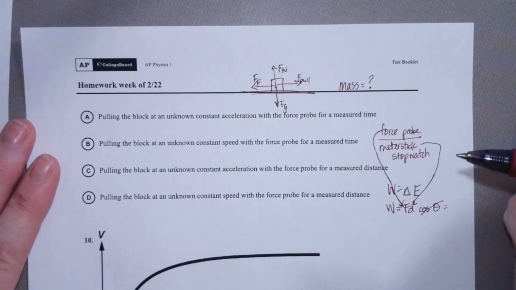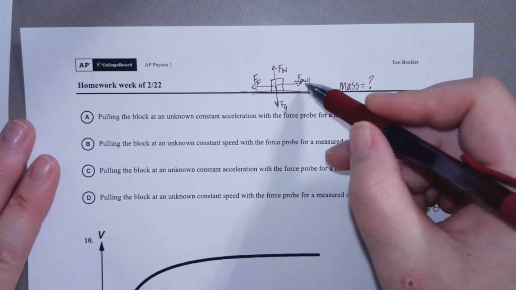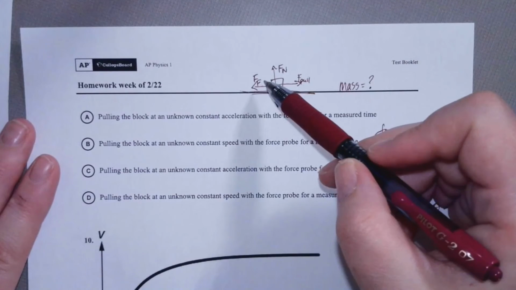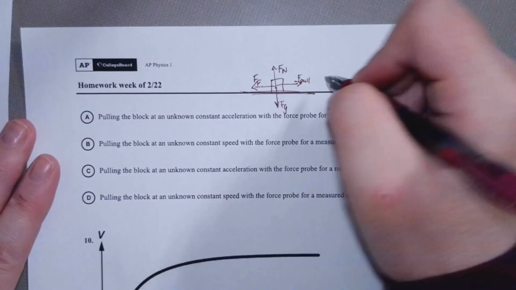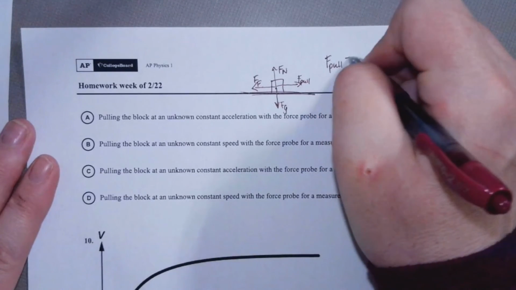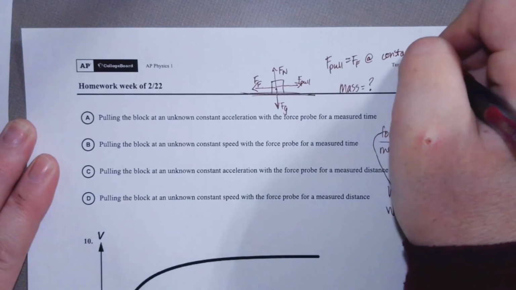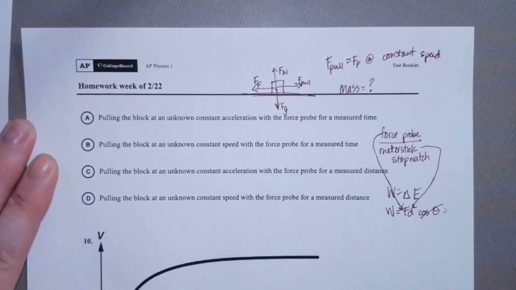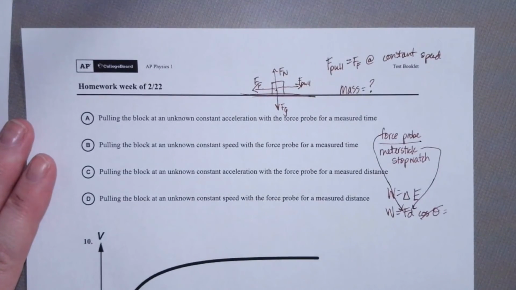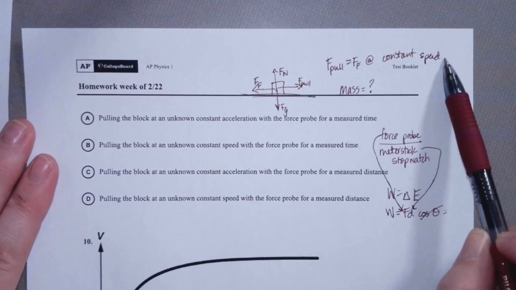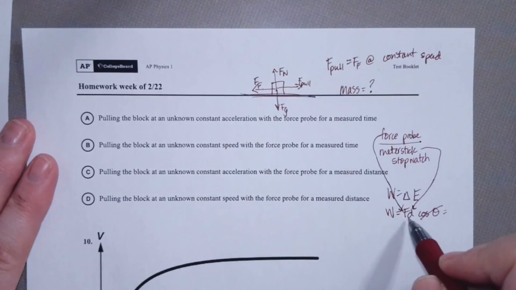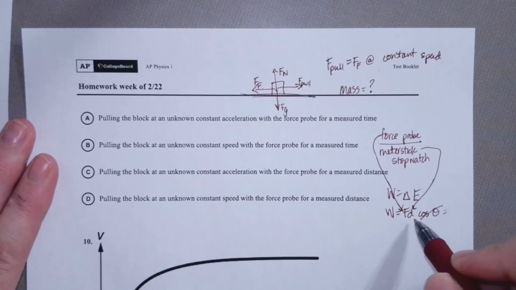F pull is going to equal F friction if we're moving at a constant speed, because that would be when F net is 0, when acceleration is 0. And so if we can do a constant speed, we know F pull and F friction are going to be the same, and we can multiply that by the distance.